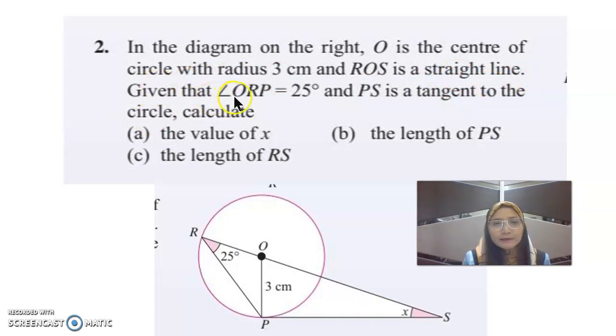Given that angle ORP is equal to 25 degrees and PS is a tangent to the circle, calculate the value of X, the length of PS, and the length of RS. I repeat, find the value of X, the length of PS, and the length of RS.